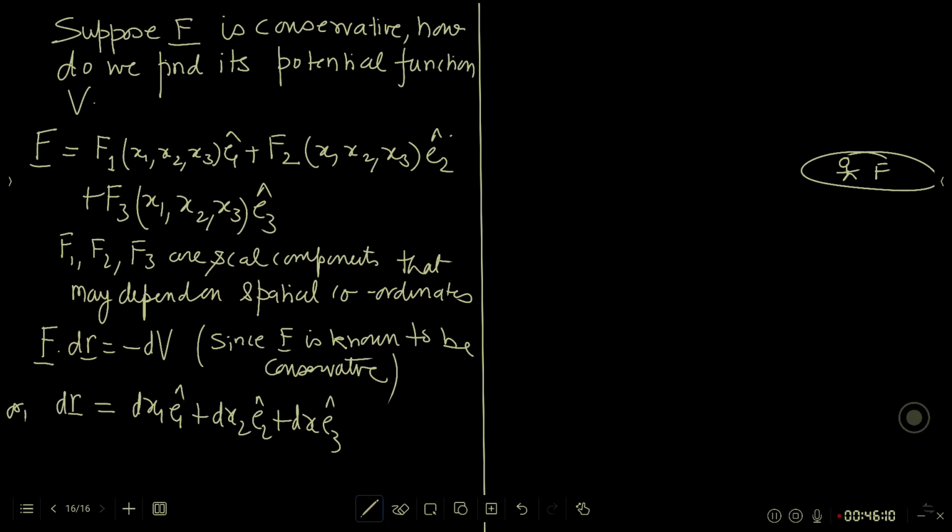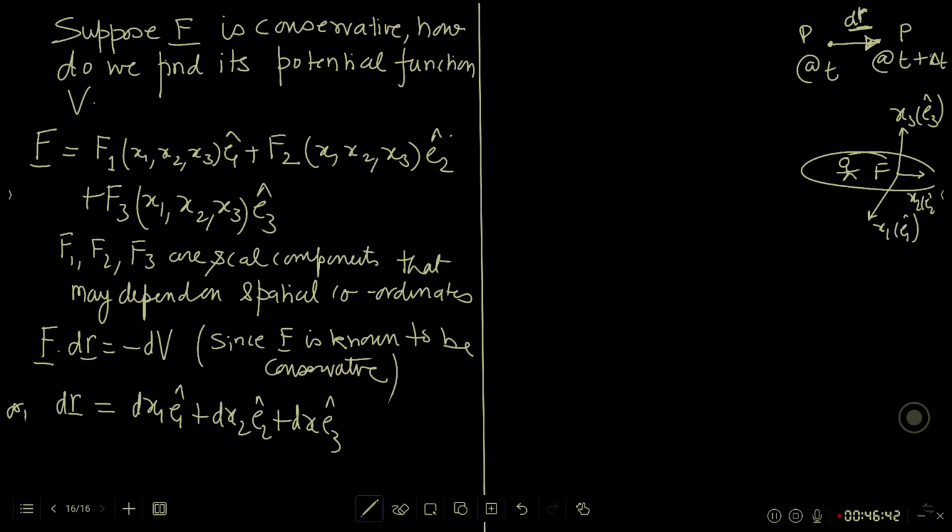This vector is dr, a small infinitesimal dr vector, and I am saying that dr vector can be expressed in general as a small change in x1, small change in x2, small change in x3, along these three unit vectors, and thus F dot dr can be written as this.